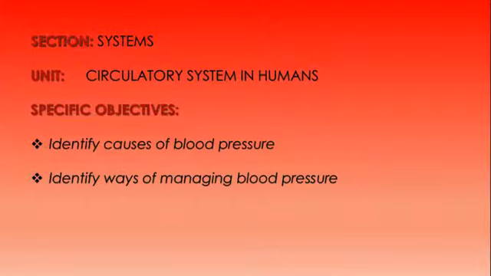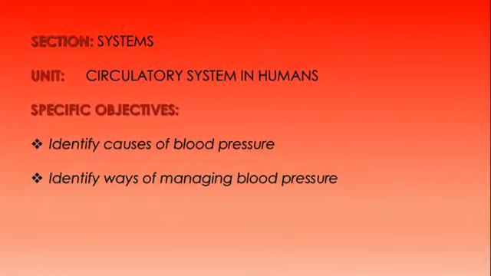Remember, we talked about the meaning of blood pressure in our previous lesson as the pressure exerted on the wall of the arteries by blood circulating through the body. We also said that when this pressure becomes high, we have what we call hypertension or high blood pressure.